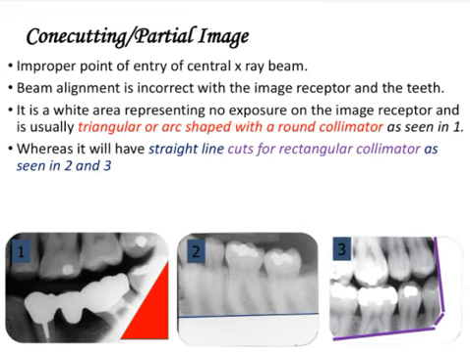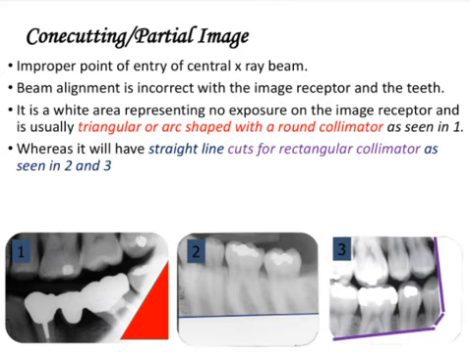Okay, cone cutting or partial image. Improper point of entry of the central X-ray beam, as we discussed, can result in a cone cut, or you can say a partial image. So beam alignment is incorrect with the image receptor, that means the film or the sensor, and the teeth.